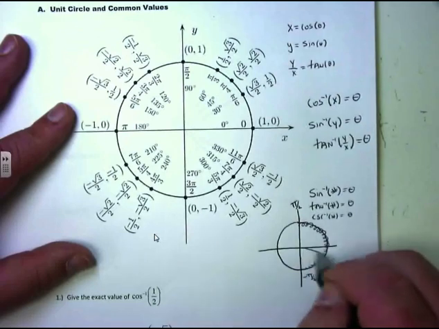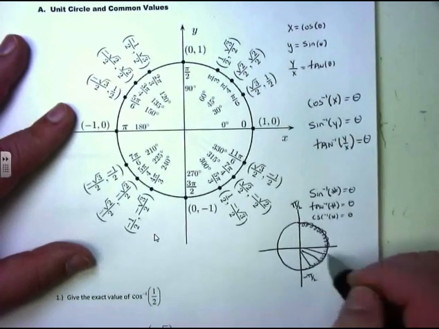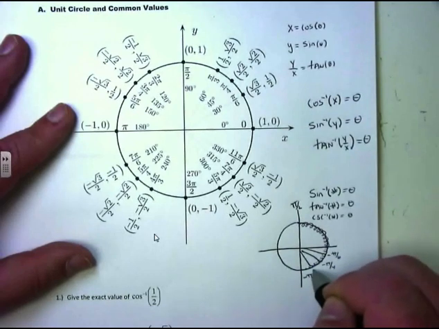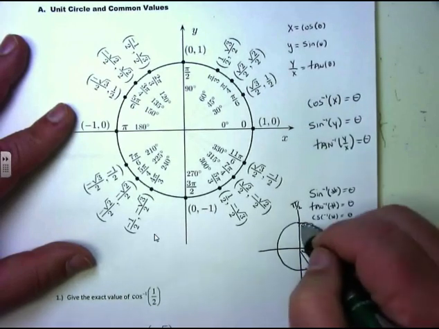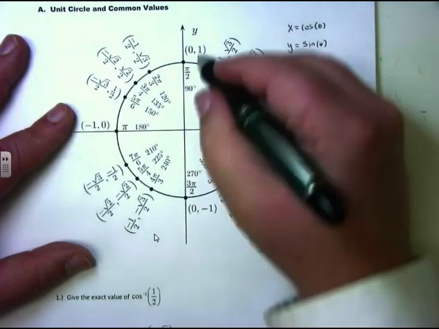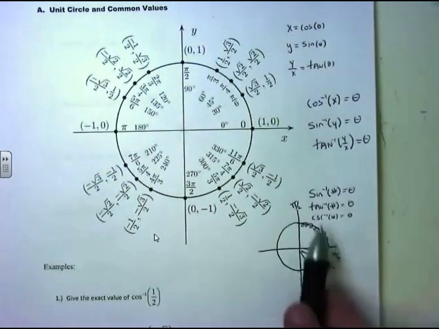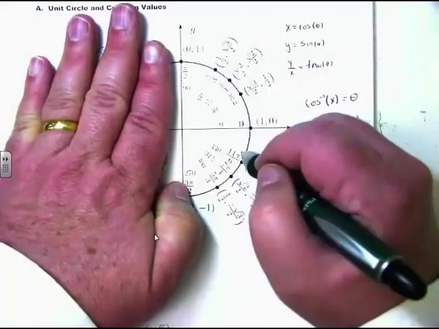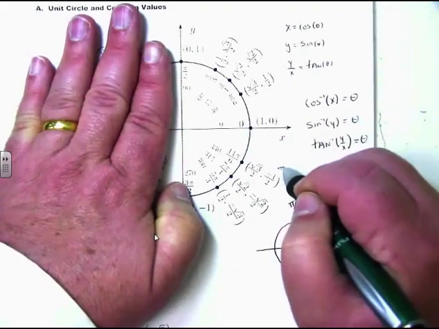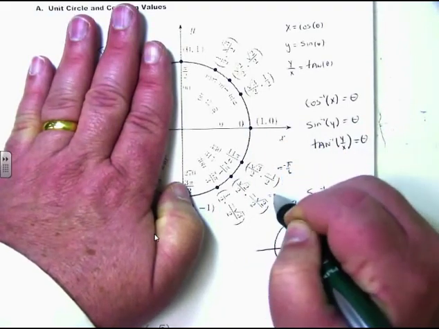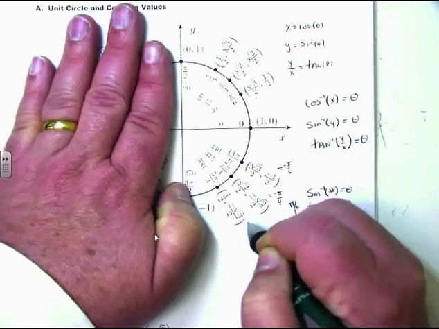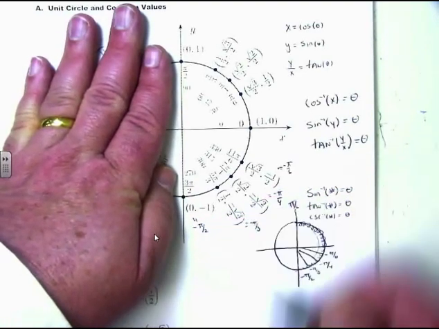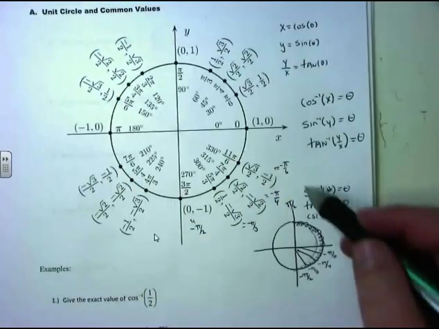So down here, we get negative angles. So this will be negative pi/6, negative pi/4, negative pi/3. And we only use the right half of the unit circle. So for sine inverse, tangent inverse, or cosecant inverse, we only use this half of the unit circle. And we have to redo these angles. These angles would be negative pi/6, negative pi/4, and negative pi/3, and this angle here would be negative pi/2. Okay, that's for these guys.